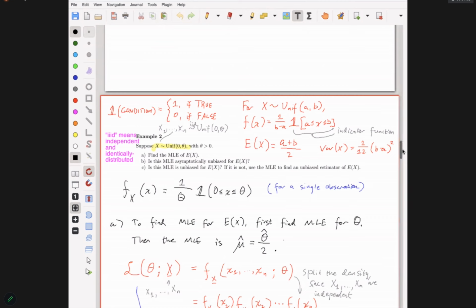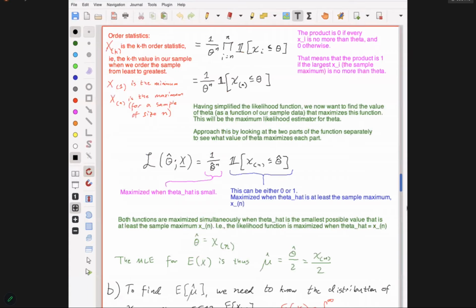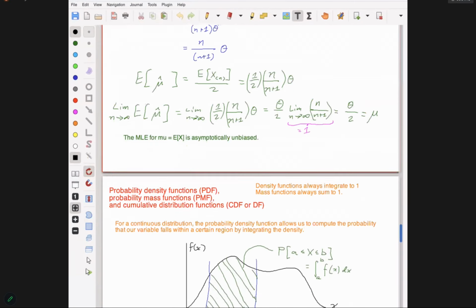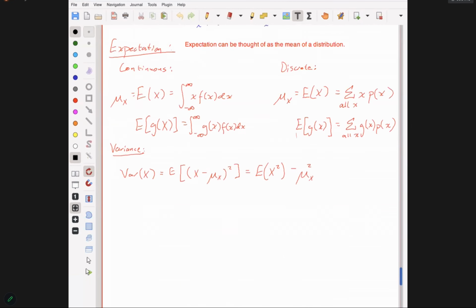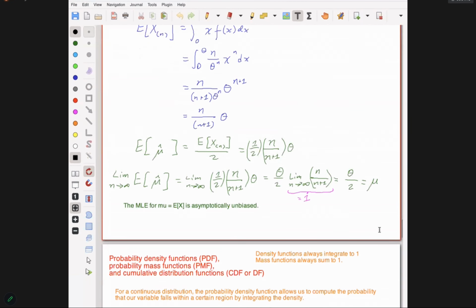Okay, so last time we determined whether the MLE for the expectation of X was asymptotically unbiased for the expectation, and we said that it is because the expectation of mu hat, our estimator for the expectation, is one half n over n plus 1 times theta.